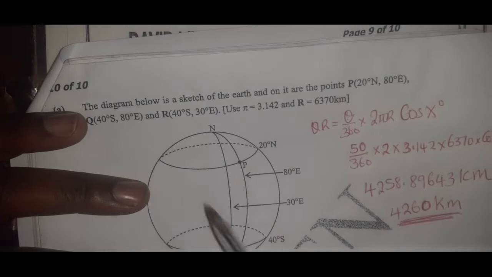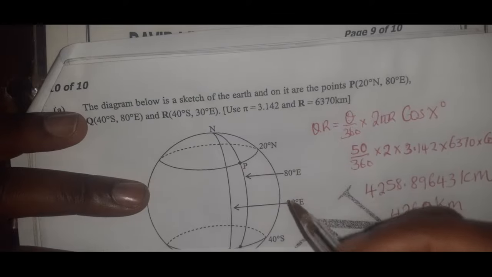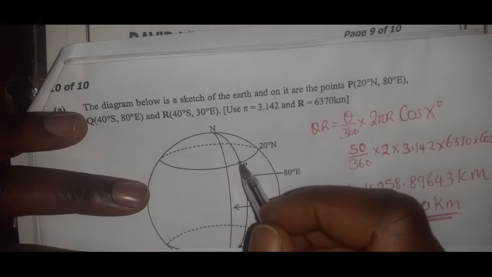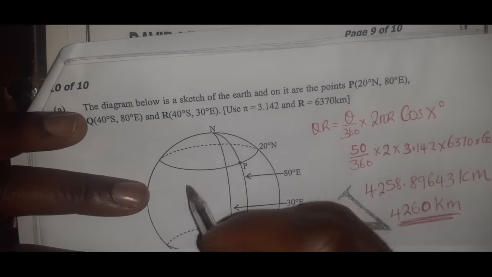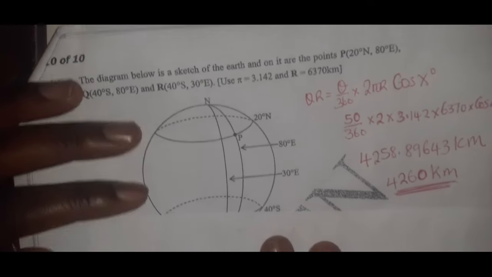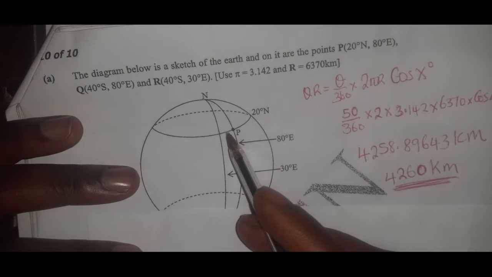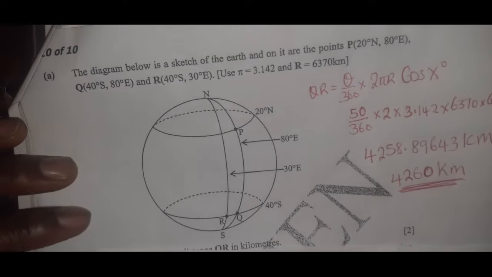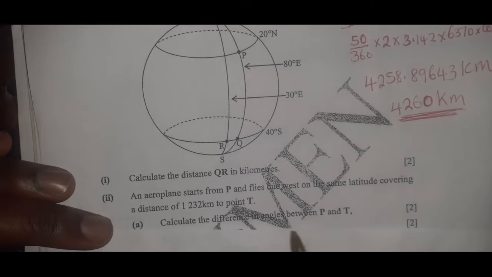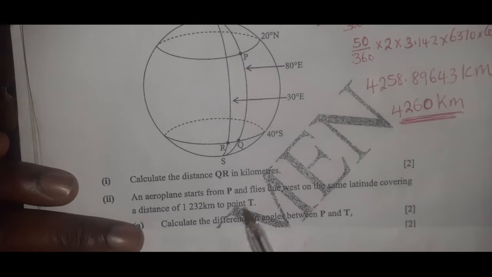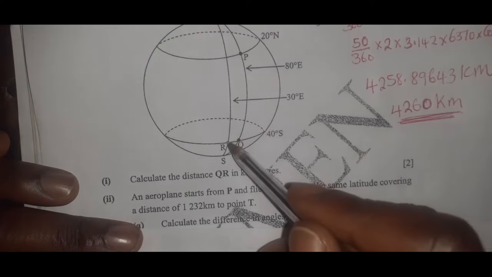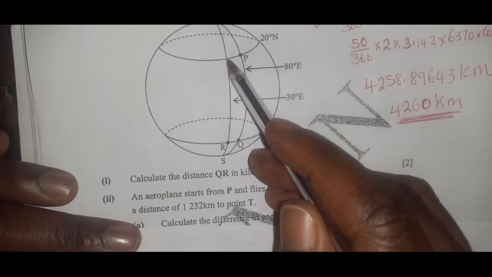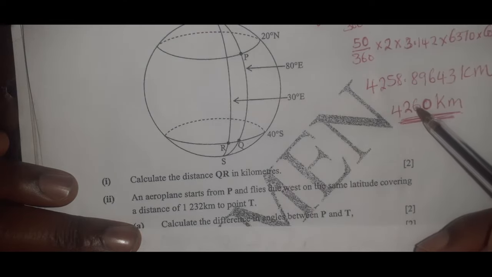We don't know where T is, whether it is still on the eastern side or it goes to the west, but what we know is that T is on the western side of P. Let's look at the distance from P to this point, which we have gotten as 4,260 kilometers.